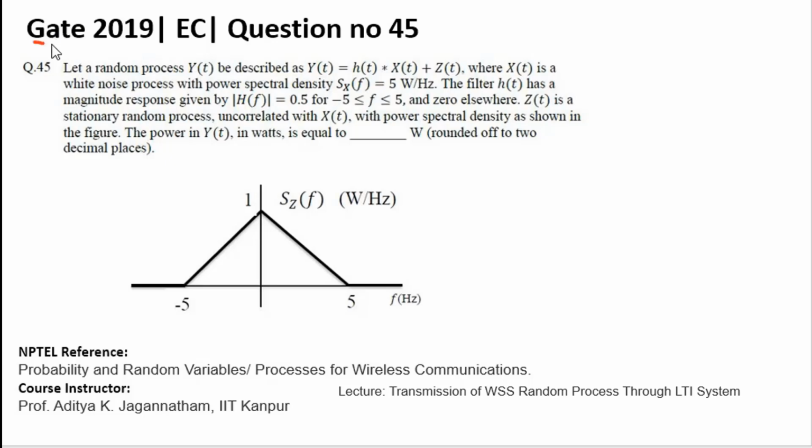This question was asked in the GATE 2019 Electronics and Communication Engineering paper, in which you are given a random process y of t, described by h of t convolution with another random process x of t, plus z of t, where x of t is a white noise process with PSD S x of f, and h of t represents a filter whose magnitude response is given by magnitude of H of f, and z of t is a stationary random process which is uncorrelated with x of t.